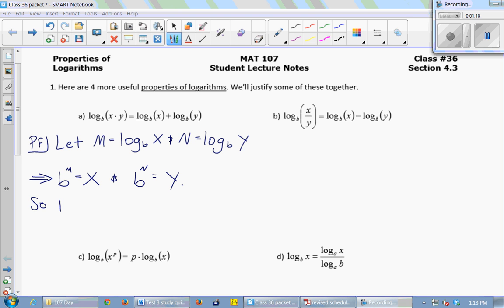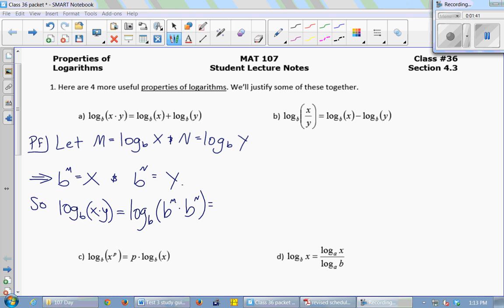So I can look at log base b of x times y, and I want to see what that equals. I'm just going to make a substitution. I'm going to replace the x with b to the m and replace the y with b to the n. So log base b of x times y is log base b of b to the m times b to the n.